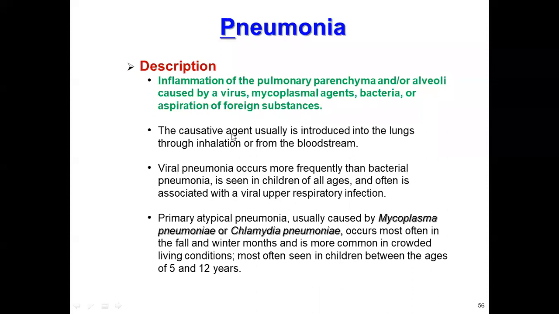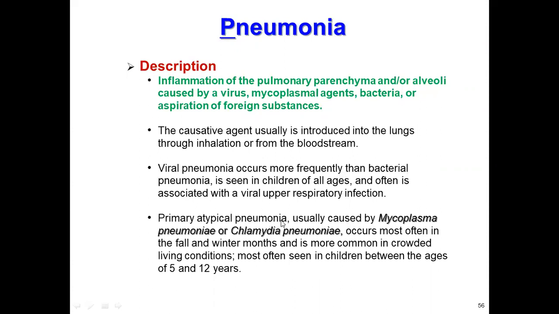The causative agent is usually introduced into the lungs through inhalation or from the bloodstream. Viral pneumonia occurs more frequently than bacterial pneumonia, particularly in children.